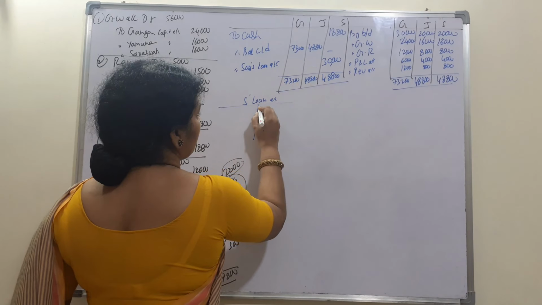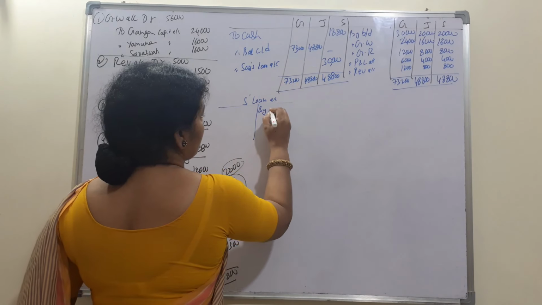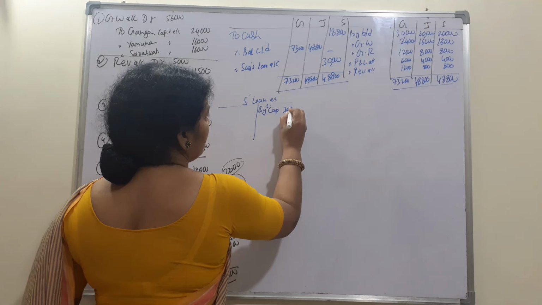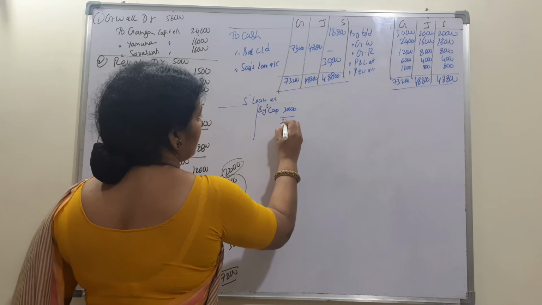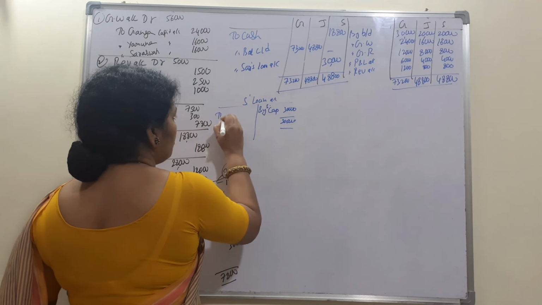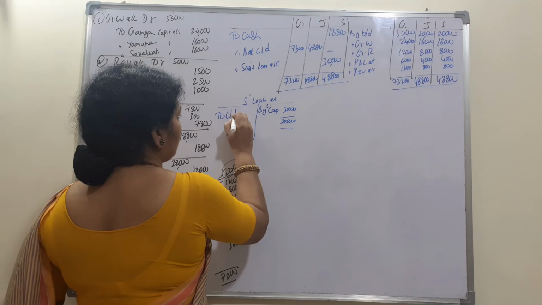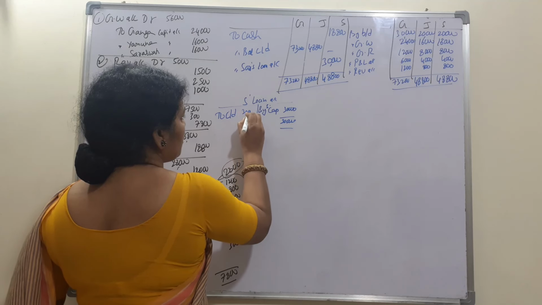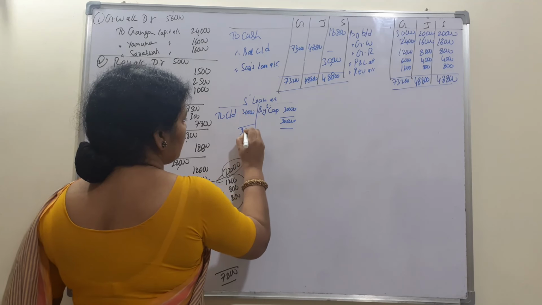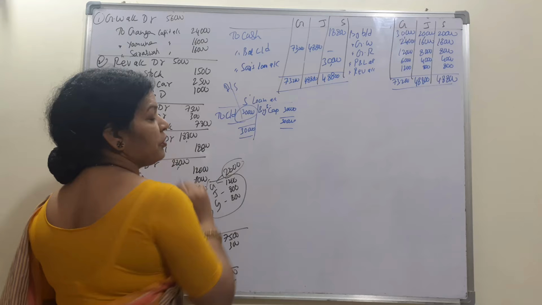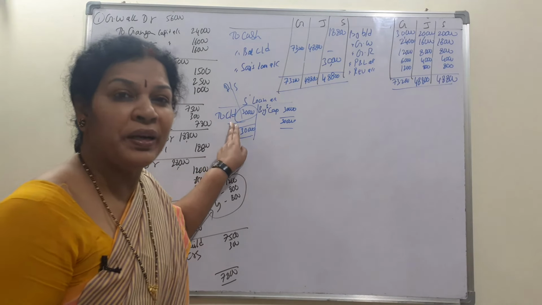Debit means credit side will be written by Saraswati's capital account 30,000 and to balance carried down. Means this will appear in the balance sheet. This amount you are going to show in the balance sheet because loan is pending.